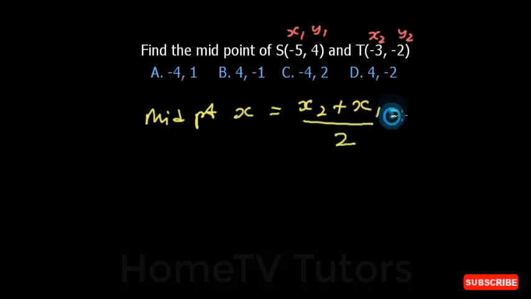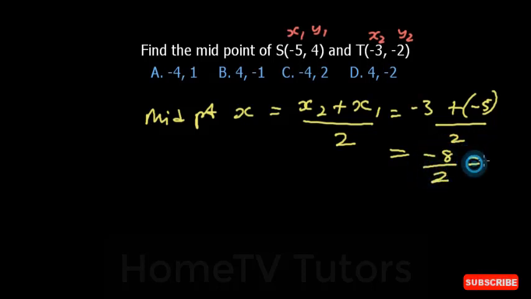So x2 is minus 3 plus x1, which is minus 5, divided by 2. We end up with minus 8 divided by 2, which gives us minus 4.